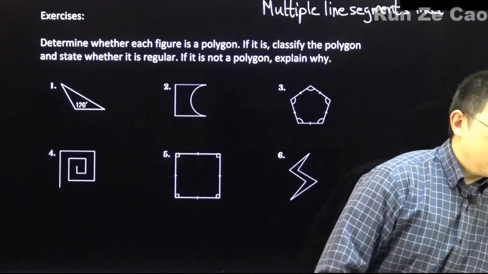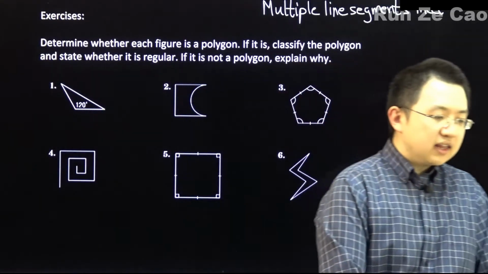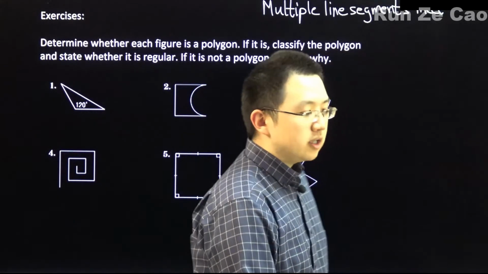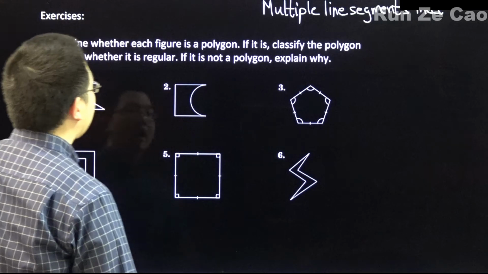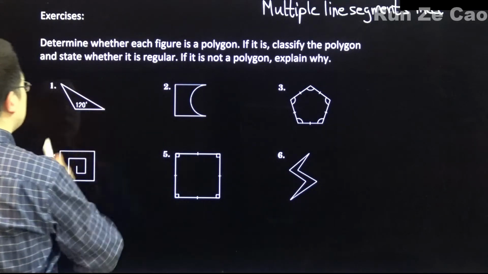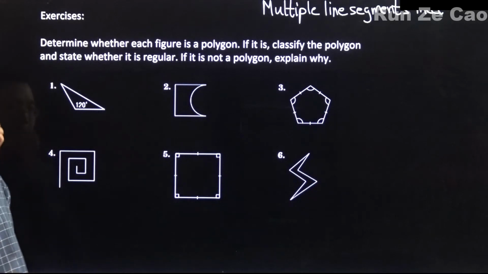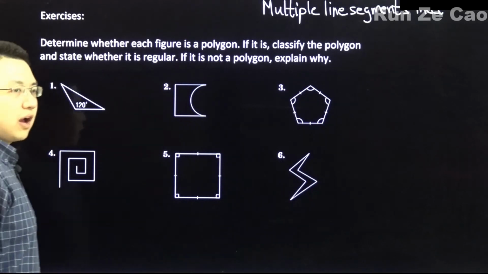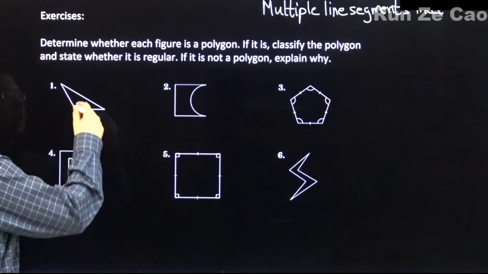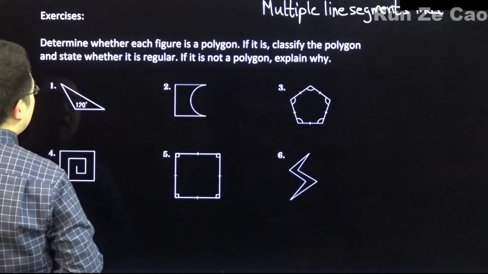Now determine whether each of these figures is a polygon. If it is, classify the polygon and state whether it is regular. If it's not, explain why. This one is a polygon. It's a simple closed shape where the lines don't cross over themselves or have more than two lines meeting anywhere.